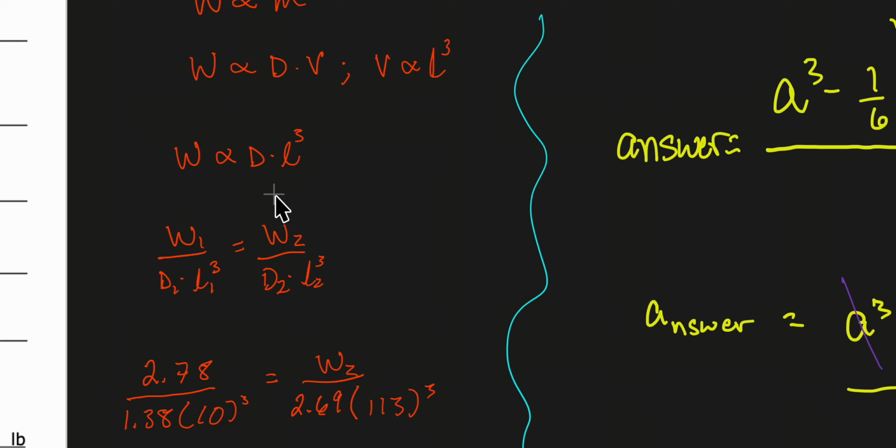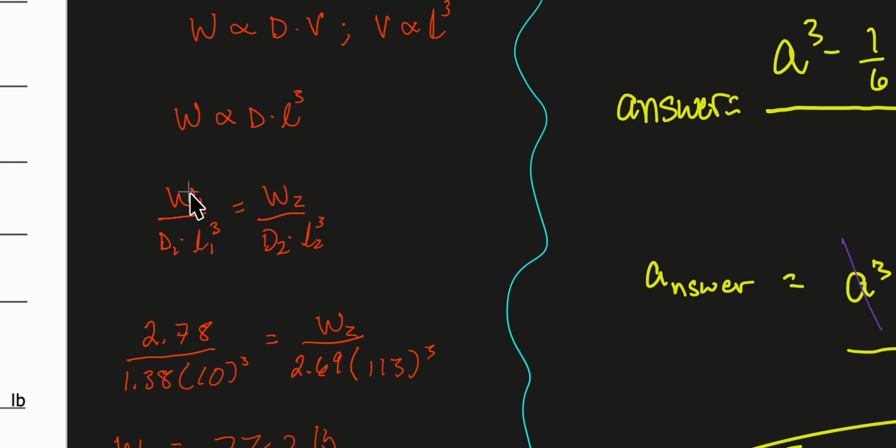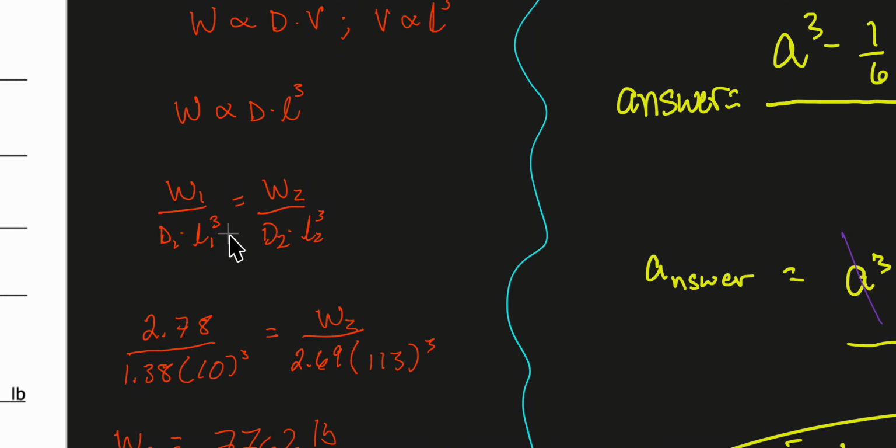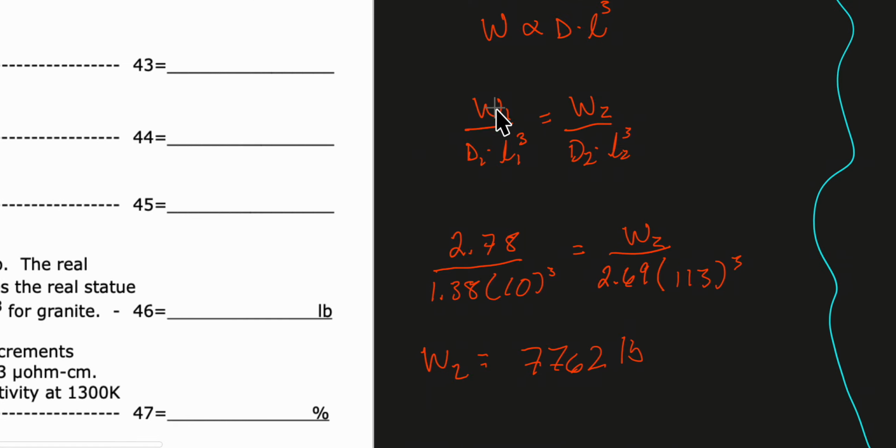And to keep the proportionalities constant, we're going to divide them over, and then we can set them equal to each other. What does that mean? The weight divided by density and length cubed is going to be the same for both statues. So weight 1 over density 1 times length 1 cubed equals weight 2 divided by density 2 times length 2 cubed.